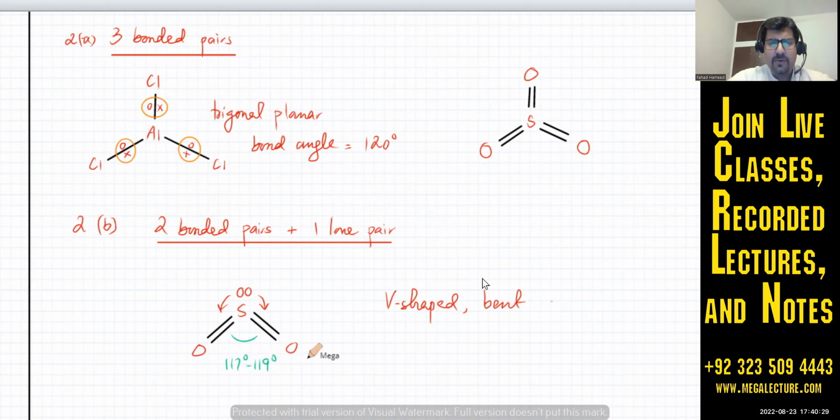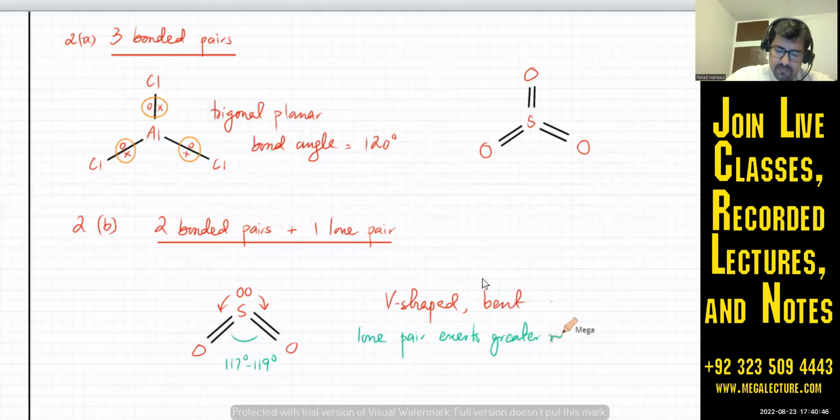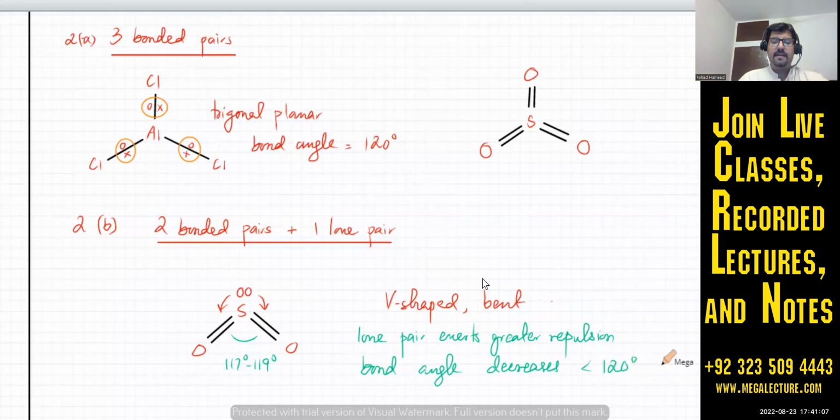So instead of exactly being 120, it's now going to be slightly lesser. So lone pair exerts greater repulsion, and that's why the bond angle decreases or becomes less than 120 degrees. ठीक है, is that clear?